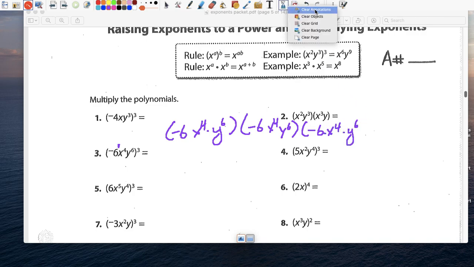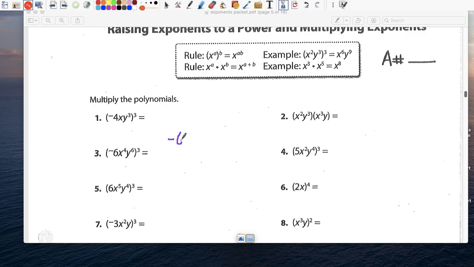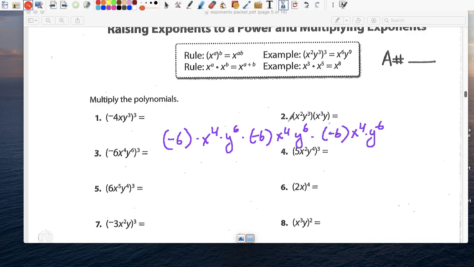You know what? Let me rewrite this. I'm just going to deal with it. It's negative 6 x to the fourth y to the 6 times negative 6 x to the fourth y to the 6 times negative 6 x to the fourth y to the 6. That's what's happening here.